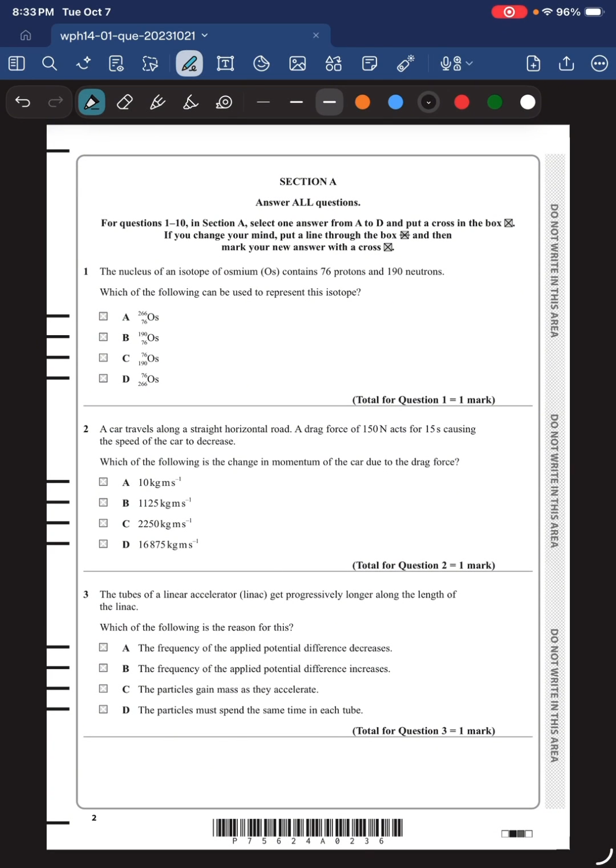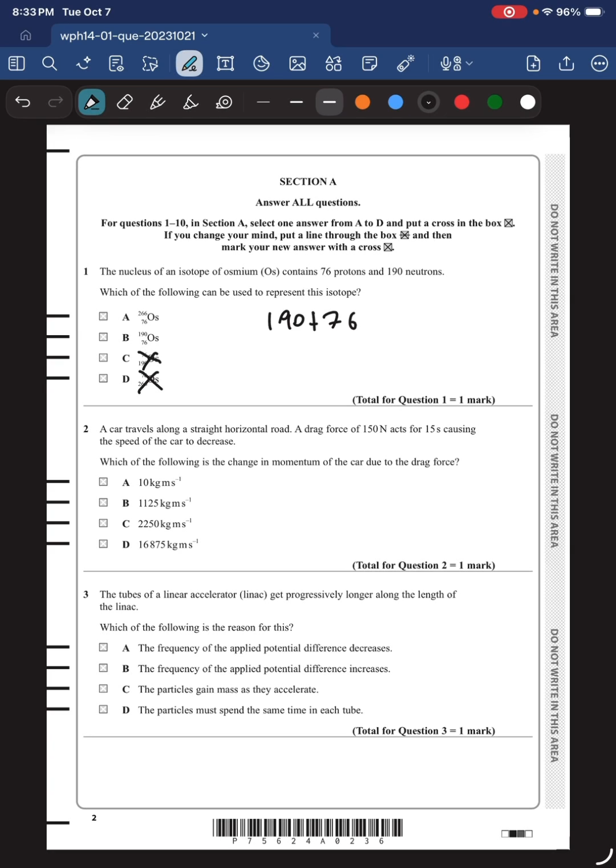So, question 1. The nucleus of an isotope of osmium contains 76 protons and 190 neutrons. Which of the following can be used to represent this isotope? Okay, Os is the element, so that's correct, and it's the same in all answers. So we have to pretty much sum 190 plus 76. And oh, okay, this is obviously wrong.